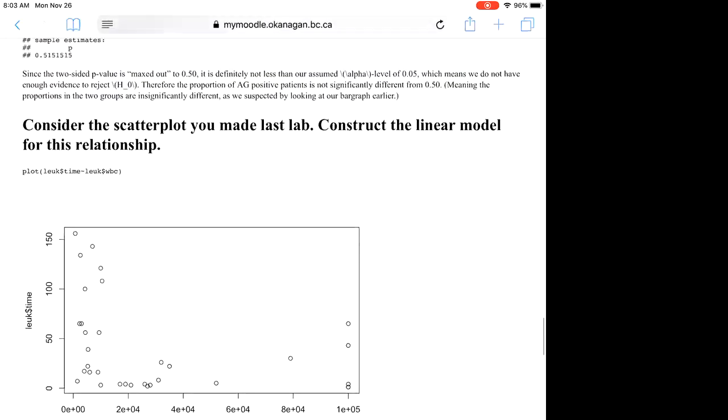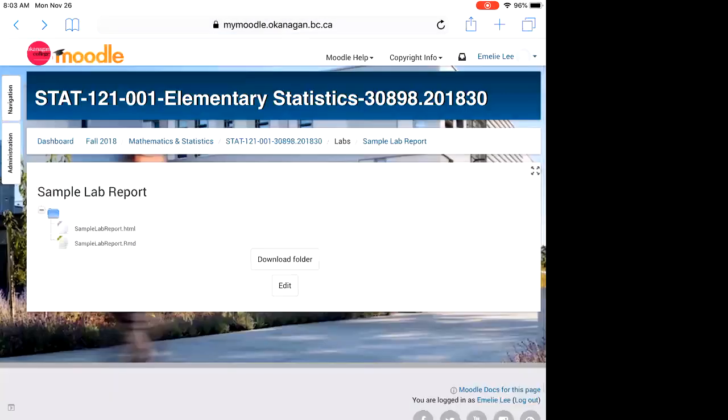But like I said, I posted that in its own folder, sample lab report. You've got the RMD file, so you can see the code that I used. Feel free to work off of that one. You're welcome to use that, that's fine. And hopefully you find that helpful.